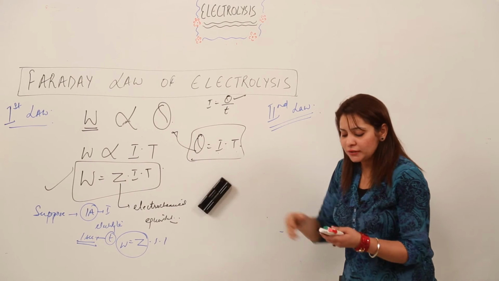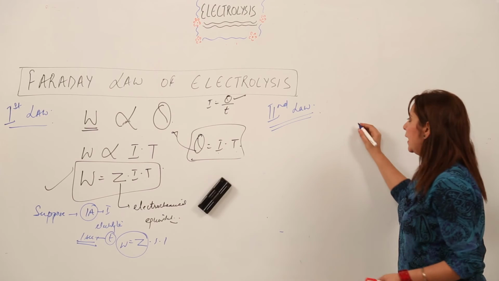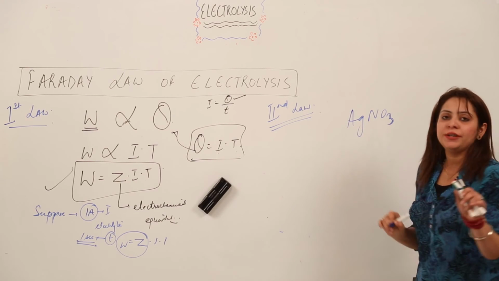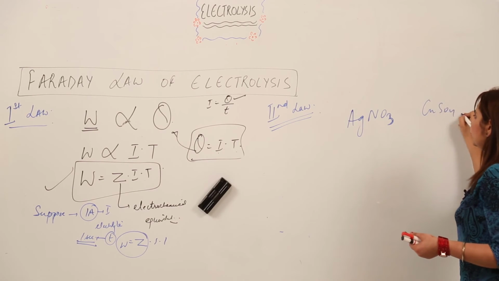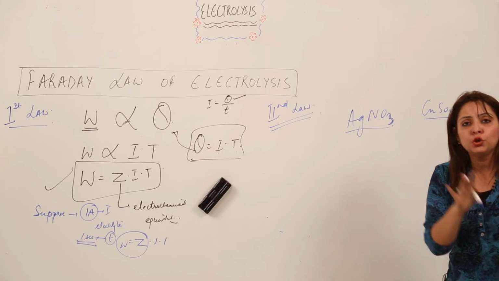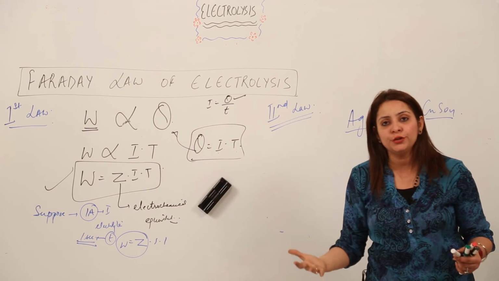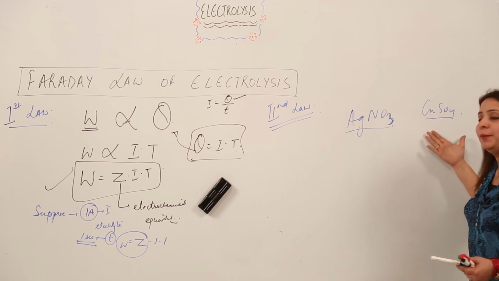So what does the second law state? Suppose I have AgNO3 solution, and I have a CuSO4 solution. I have two beakers in which I am carrying out electrolysis of two different solutions: silver nitrate and copper sulfate.